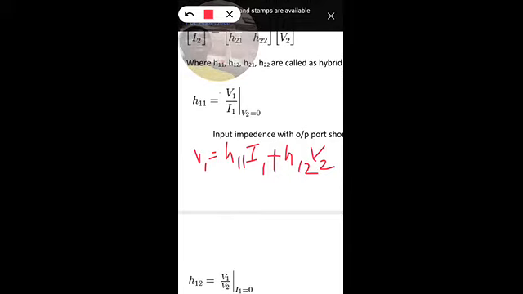To find H11, we have to reduce the second term to 0.